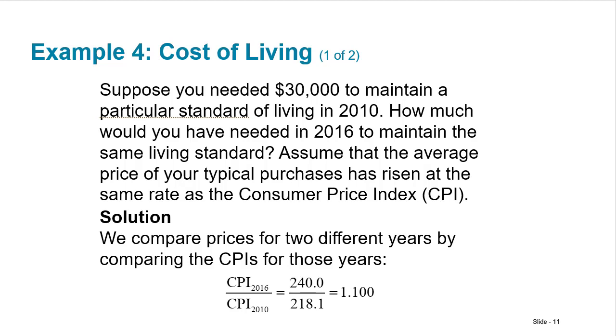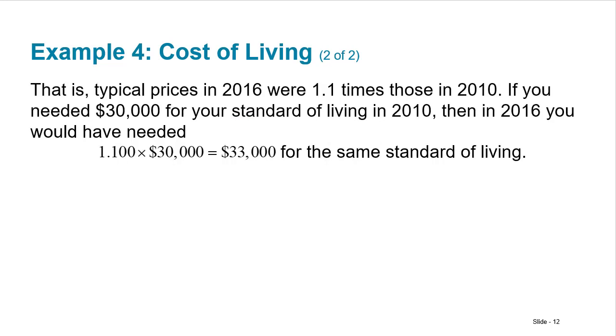If you figure out that percentage, that relativeness of those two, you can see that in 2016 it's 1.1 times, or 10% higher. So you would need 10% more money. So instead of 30,000, you could multiply that by 1.1 and see that you'd need to make 33,000 to keep that same standard of living.